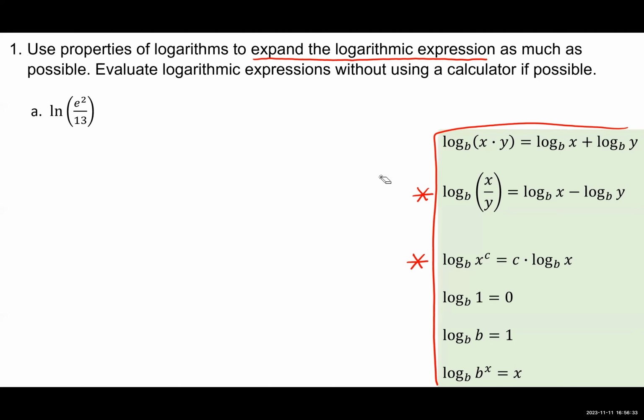The reason why is that this exponent rule doesn't apply to the whole argument. It only applies to the top of the fraction. So it's all or nothing. Either the rule applies to the entire expression or it doesn't apply. We can't start with the exponent rule because this exponent, the second power, doesn't apply to the 13. So we're going to start with the quotient rule.